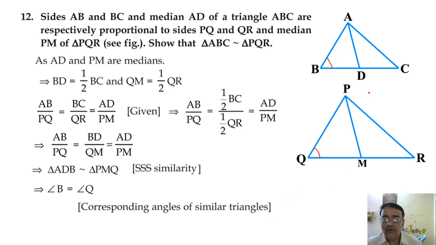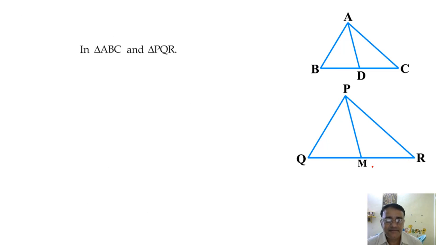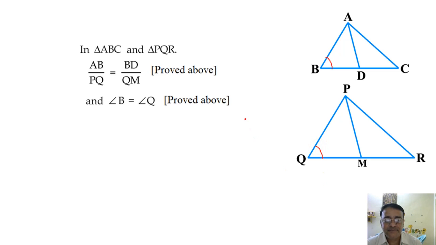Okay. Now I am going to take these two triangles. अब ये दोनों triangles मैं ले रहा हूँ, full triangles. ध्यान से देखो. AB upon PQ is equals to BC upon QR and angle B is equals to angle Q proved above. Right? So we can conclude these two triangles are similar by which criteria?